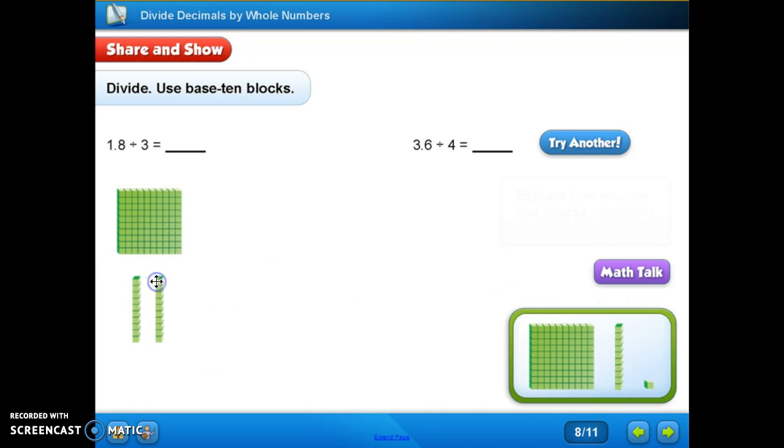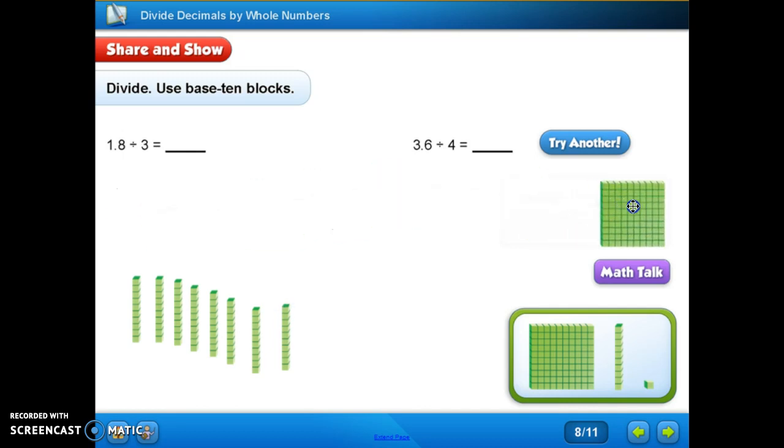And how many groups am I dividing this into? 3. Can I take that 1 whole and divide it among 3 groups? No. So what am I going to have to do? I'm going to trade it in for how many tenths? 10 of them.